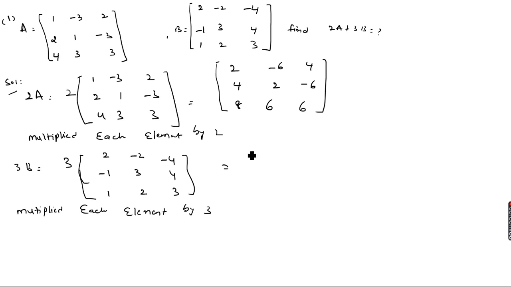So we get 3 into 2, that is 6, -6, -12, -3, 9, 12, 3, 6, 9.